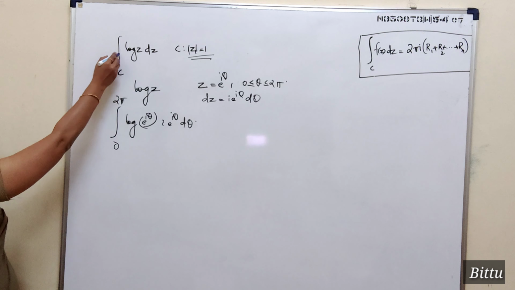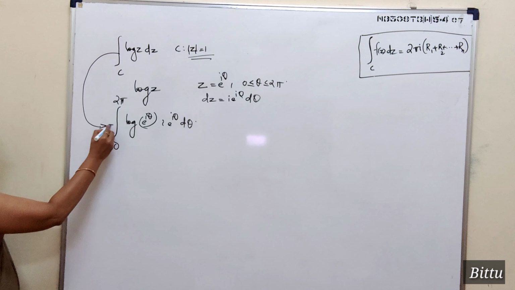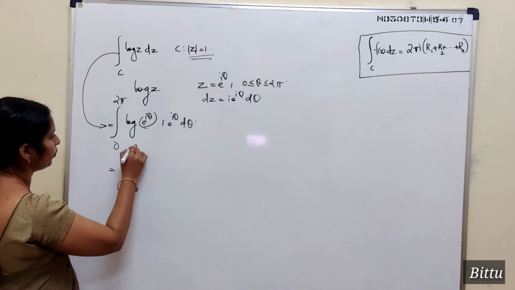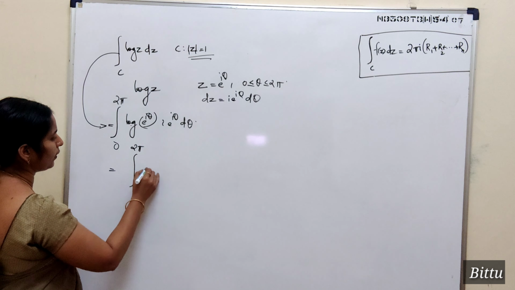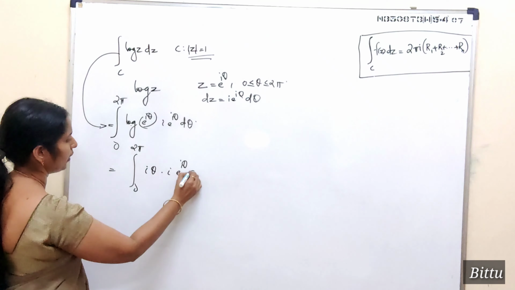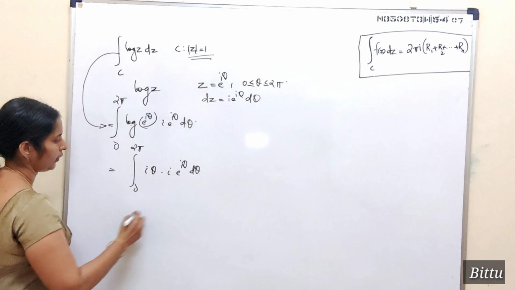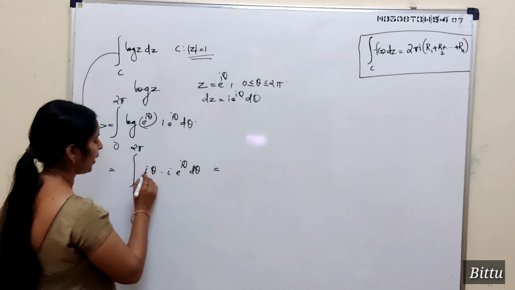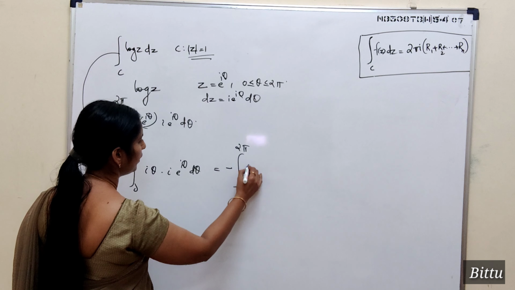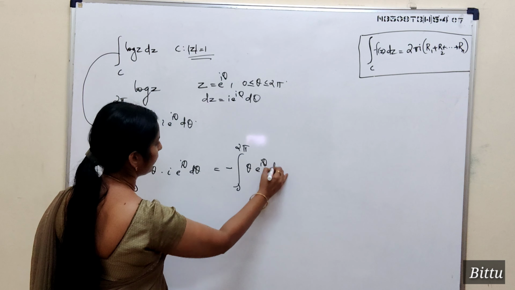So for evaluating this integral, you have to evaluate the integral from 0 to 2 pi of log e raised to i theta, which is i theta, into i into e raised to i theta d theta. That is, i into i is minus 1, so minus the integral from 0 to 2 pi of theta e raised to i theta d theta.